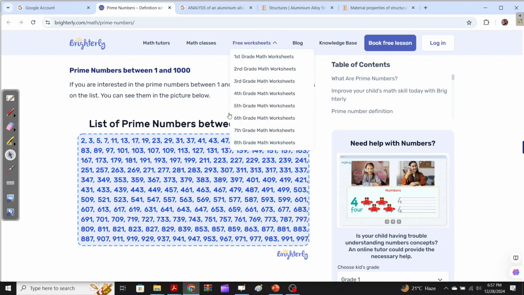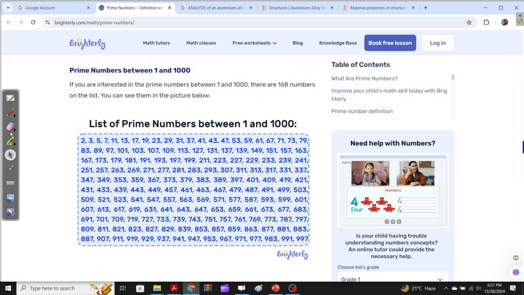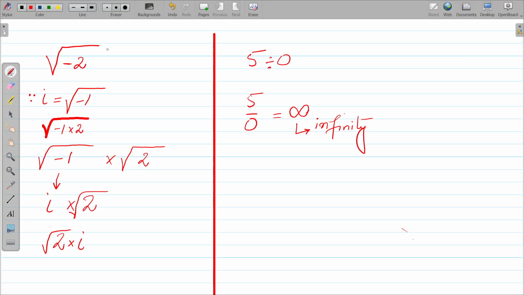If you have the square root of minus 2, you can consider that this value i is termed iota. We call i the iota, and this iota is always equal to the square root of minus 1.